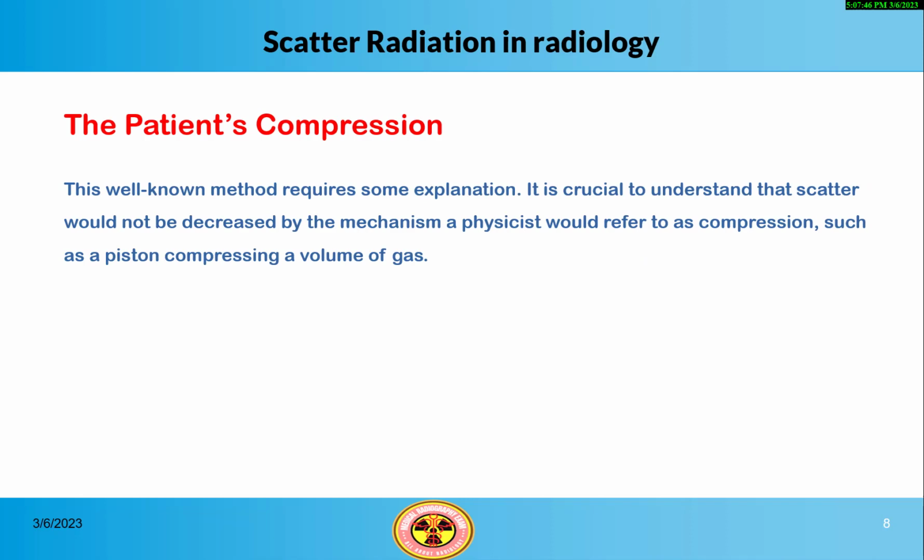The patient's compression. This well-known method requires some explanation. It is crucial to understand that scatter would not be decreased by the mechanism a physicist would refer to as compression, such as a piston compressing a volume of gas.